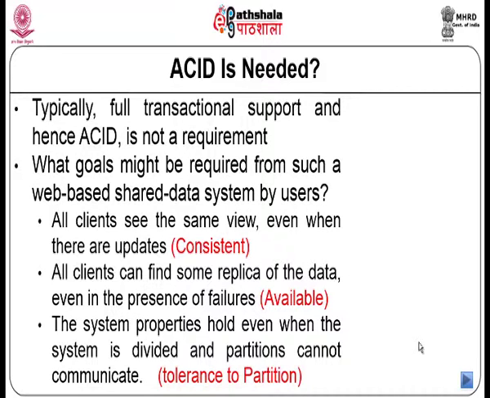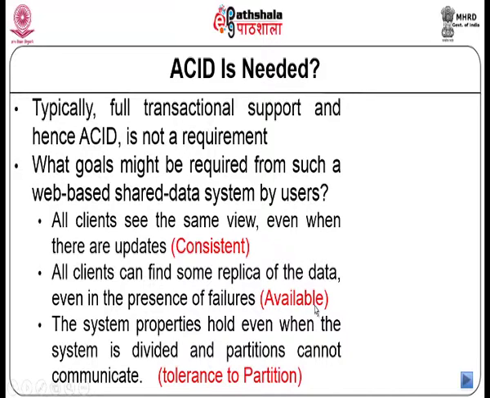And when we say tolerance to partition, even when there is one system that has failed, that causes a partition in the environment. So, we call it a partition, and the system must be able to tolerate such partitions. So, when there is a physical network partition, or when there are multiple nodes that have failed, or when some disk has failed, for any such failures, the consistency and the availability properties must hold on.